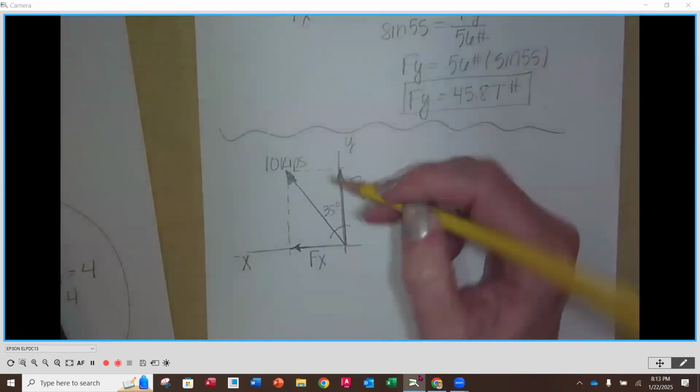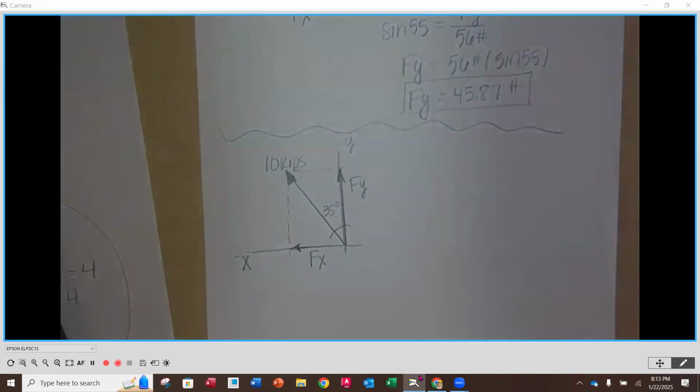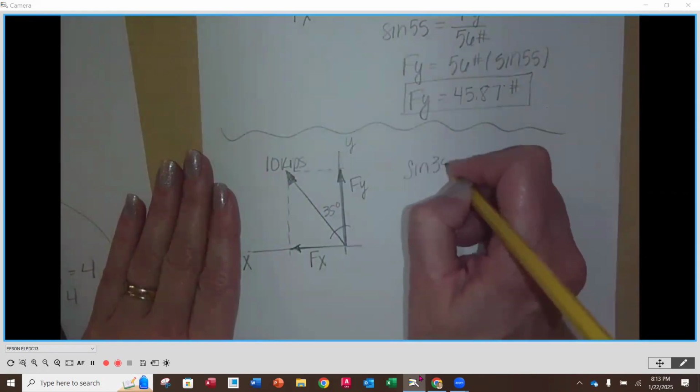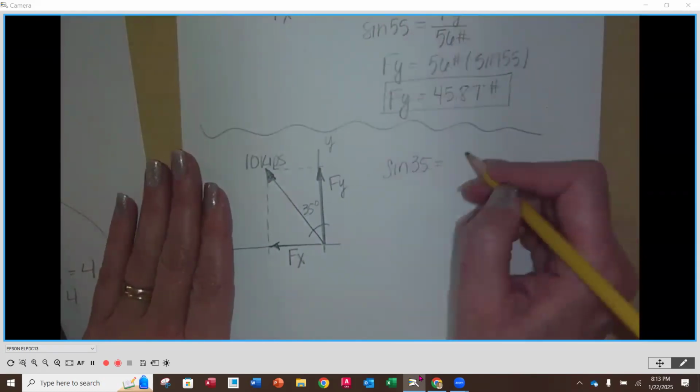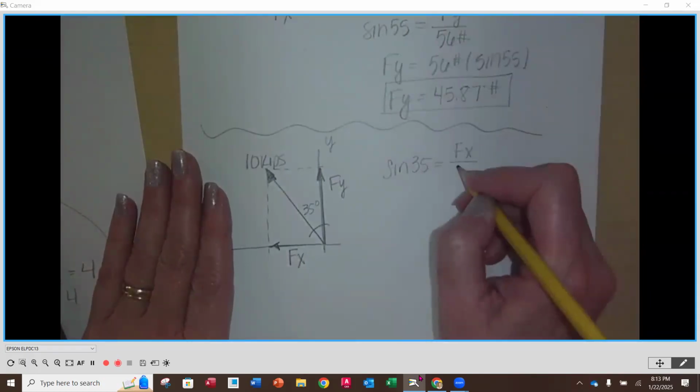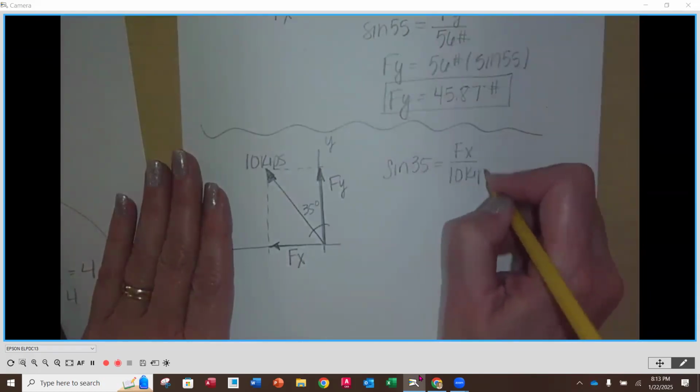And then we have the hypotenuse. So sine, cosine, or tangent for this one. It's sine again. So this one's going to be sine. So we're going to have sine of 35 this time is equal to side opposite, which is going to be our FX, divided by 10 kips.